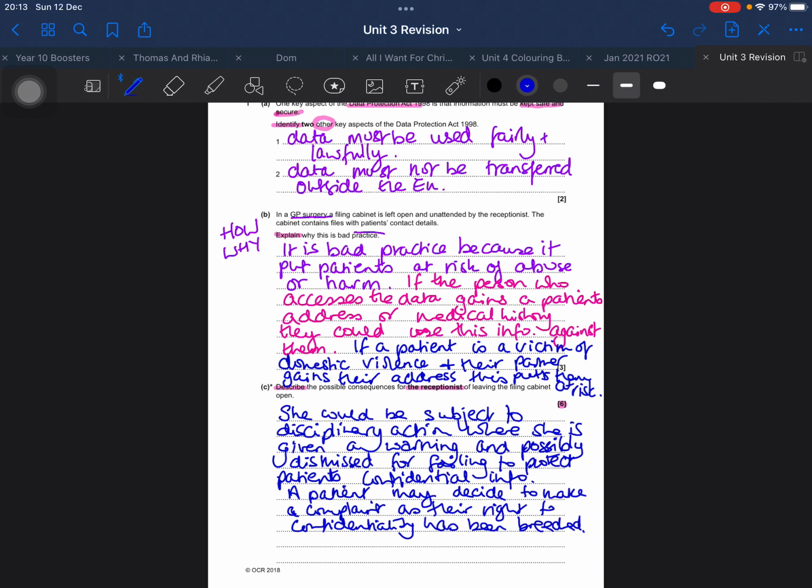Okay, and this may lead to her colleagues and her managers losing trust in her, but also it may lead to her then having a loss of self-esteem. So there could be issues further down the line for her as well.